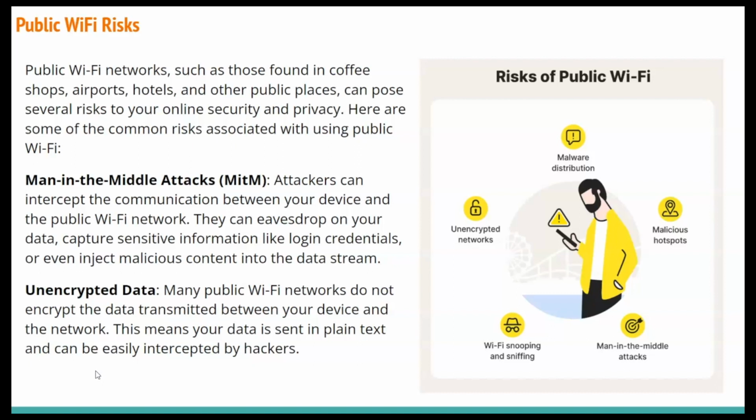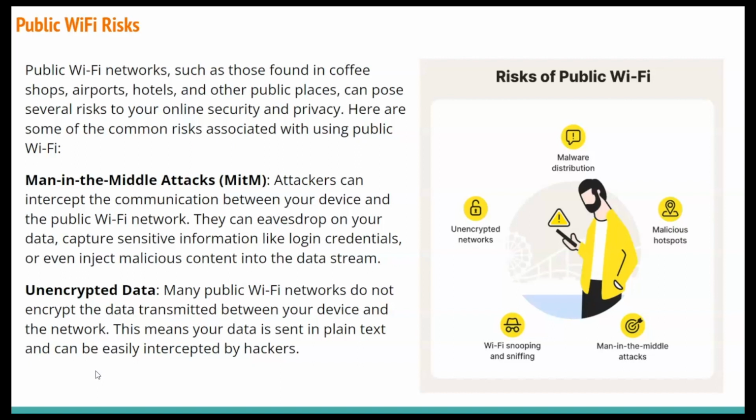The next is unencrypted data. So what is unencrypted data? As we have already seen, encrypted data is when our plain data is converted into a secure format. But many public Wi-Fi networks do not encrypt the data that is transmitted between your device and the network.